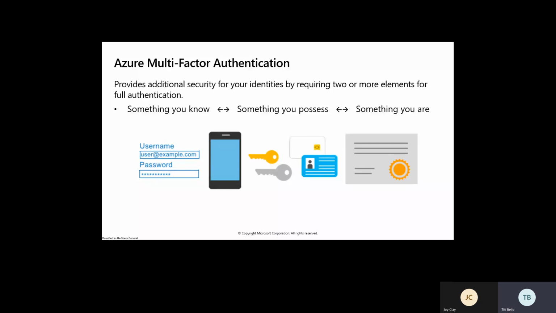And a third thing that you can use could be something you are. Now, something you are is majorly digital in nature, in the sense that it could be your iris.